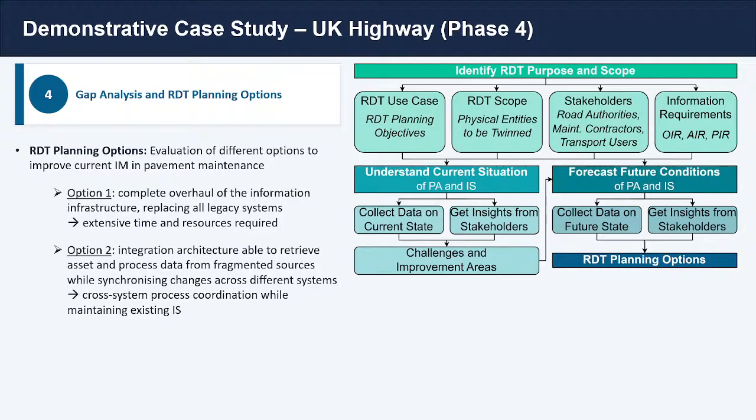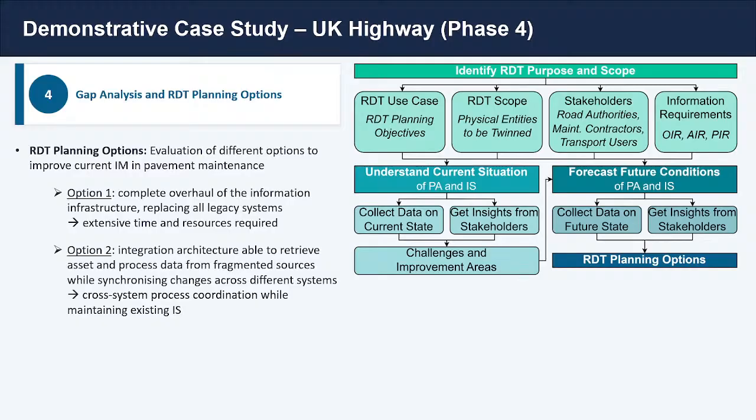In the fourth phase, we carried out a gap analysis between the current situation and the desired one, and we developed two main planning options. The first option involved a complete overhaul of the information systems, replacing all the legacy systems.